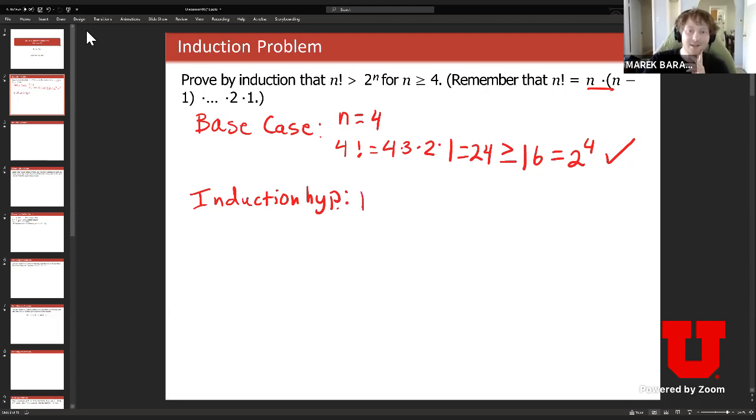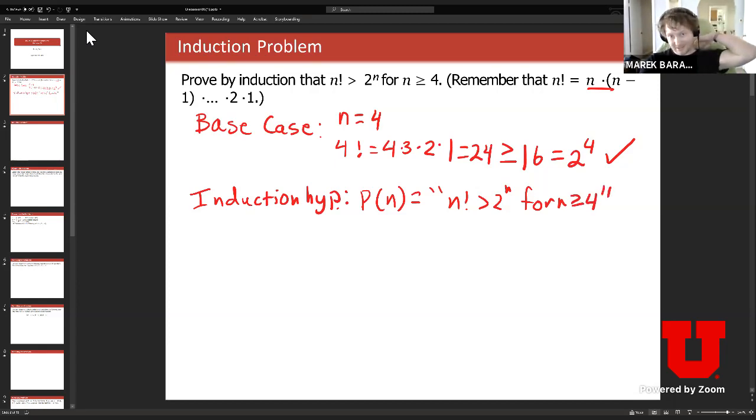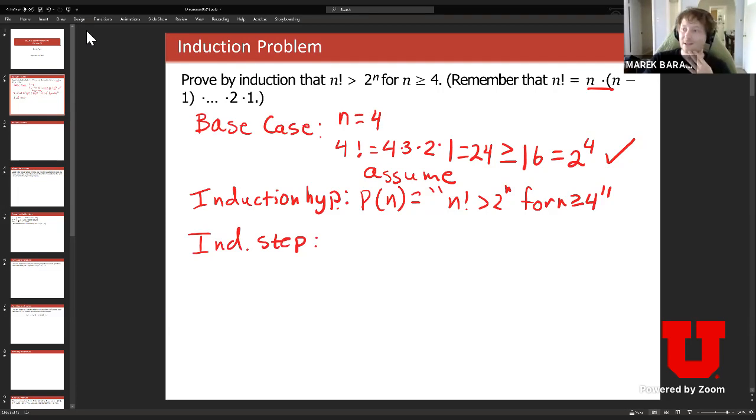Yeah, so P of n, for n greater than or equal to 4. So we're assuming this. And then finally, you do your inductive step. I'll give you maybe 1 or 2 minutes to do that.